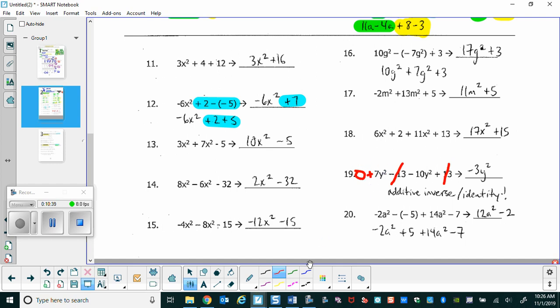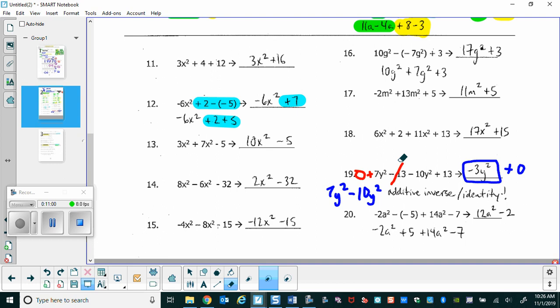So all we're really looking at for this problem is the 7y squared, and then you've got your minus 10y squared. And that's where I get my final answer of the -3y squared. If the constant is a +0, you do not have to write it because of the identity property. And you might have noticed because of the inverse property that very quickly you could just slash those out, okay? So that's why the answer is just the -3y squared there.